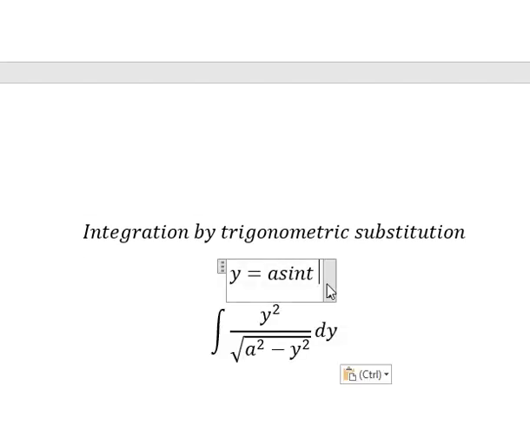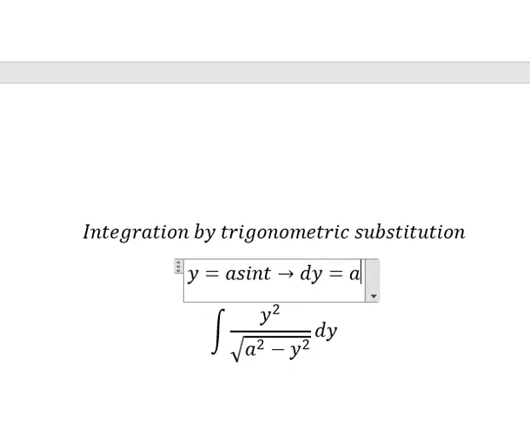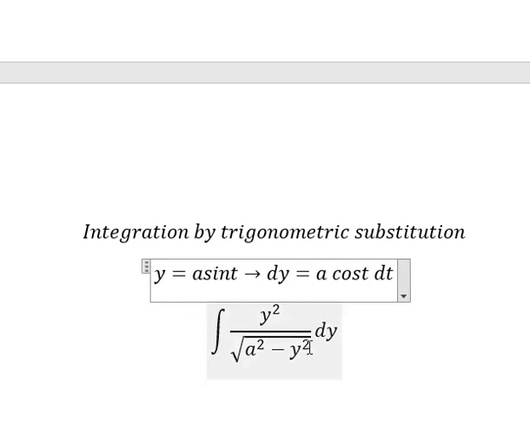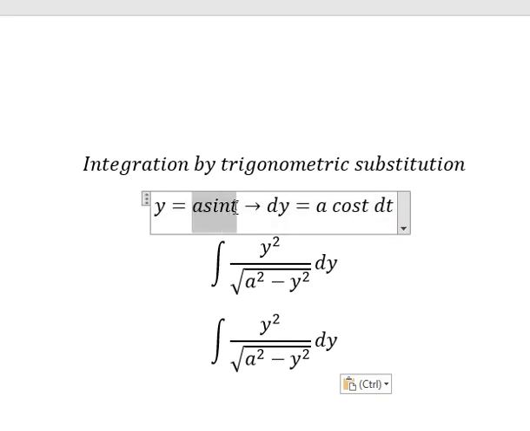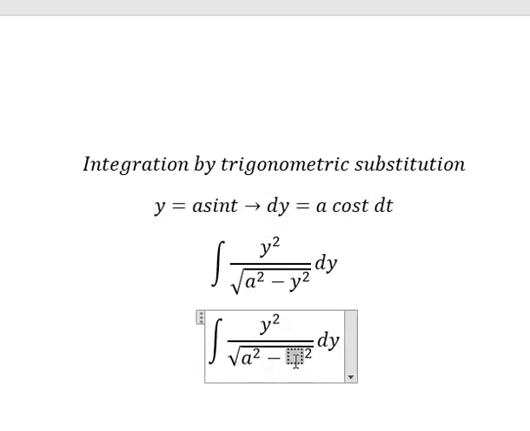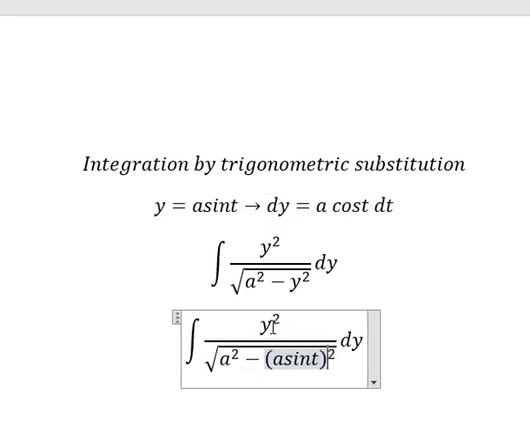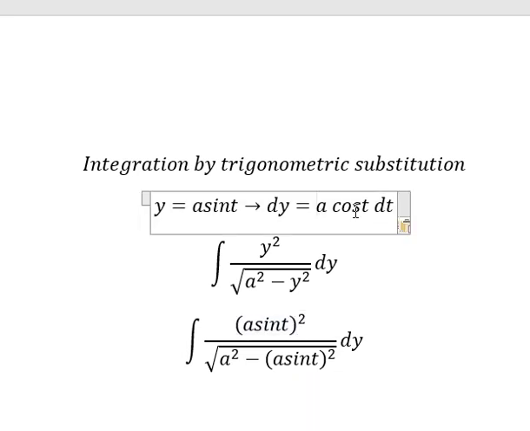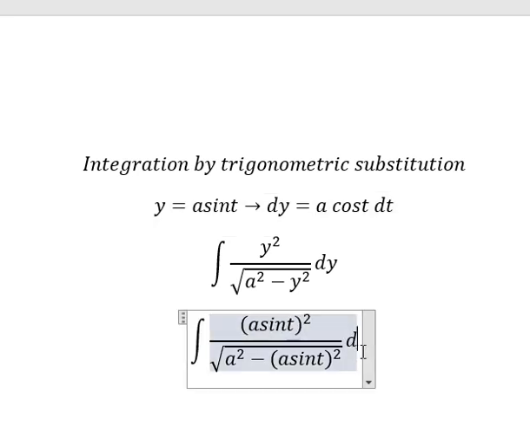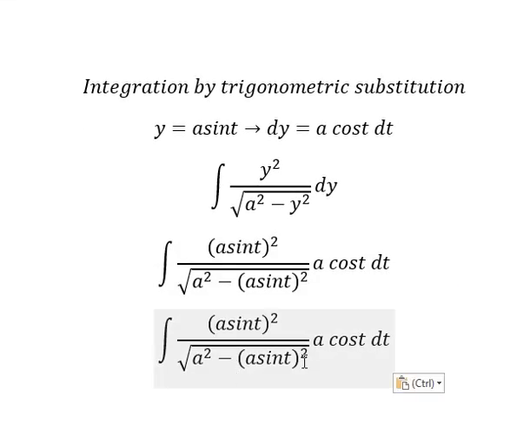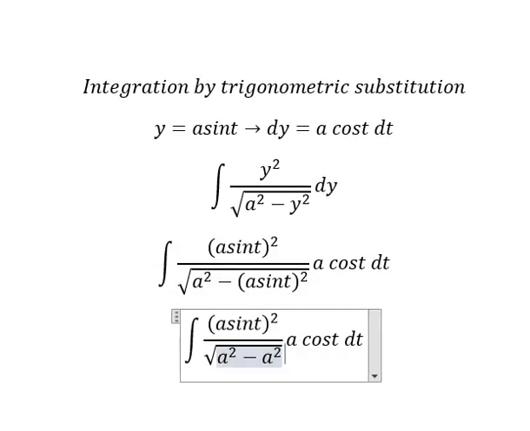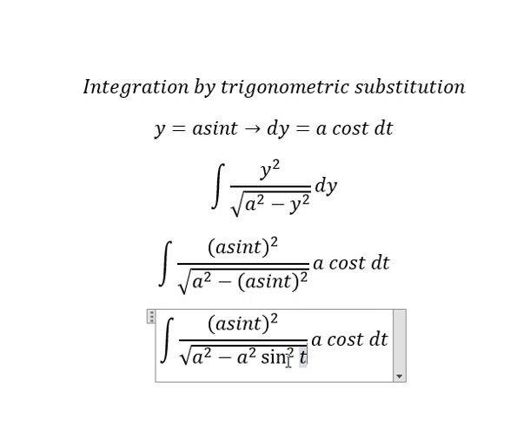Now we need to do the first derivative for both sides, and we have a cosine t dt. So I will put this one here and here. Dy we change by this one. This one we have a square sine t square.